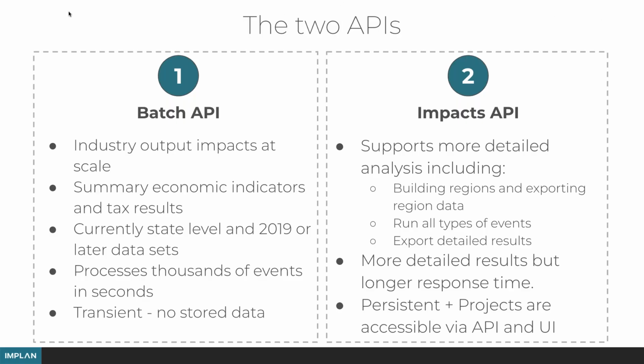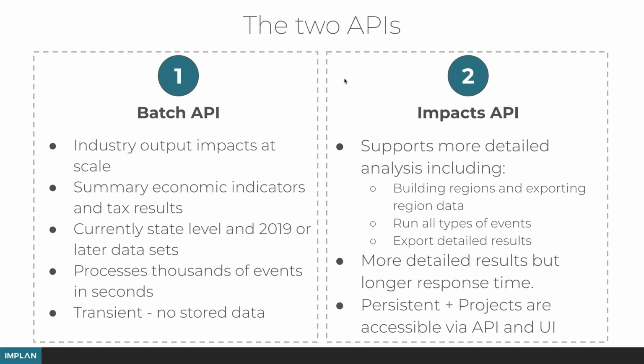The other API we have is called the Impacts API, and it supports more detailed analysis, including building custom regions, exporting region data, running all types of events that are supported by IMPLAN, exporting detailed results and detailed text results. But the trade-off is it has longer response time. The other really interesting thing about the Impact API is its persistence.